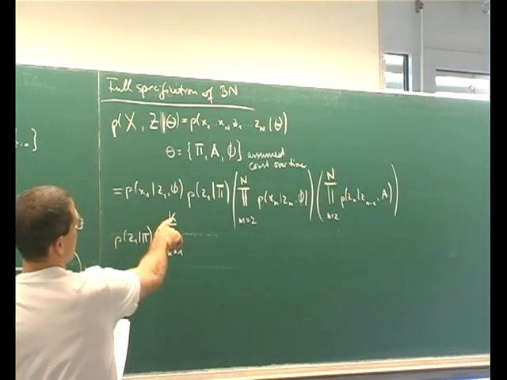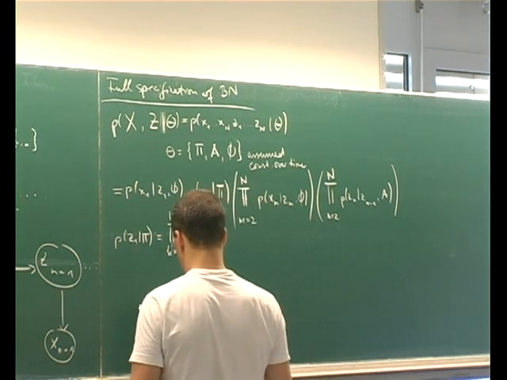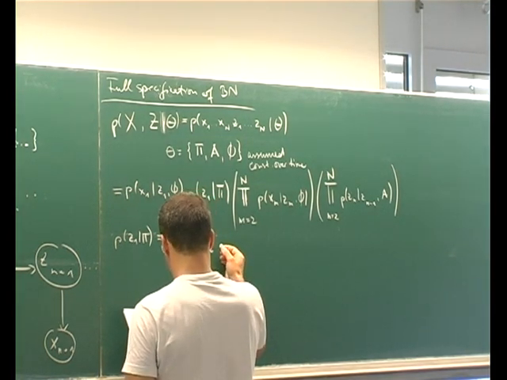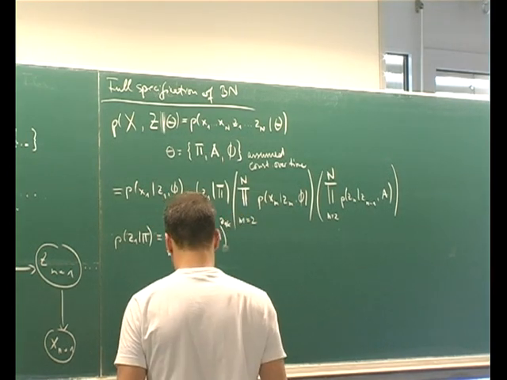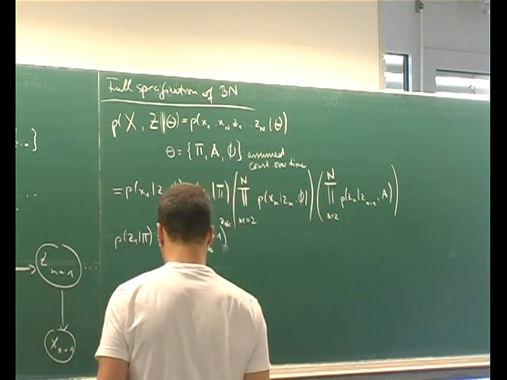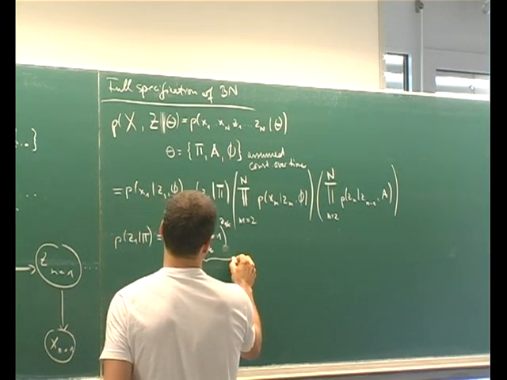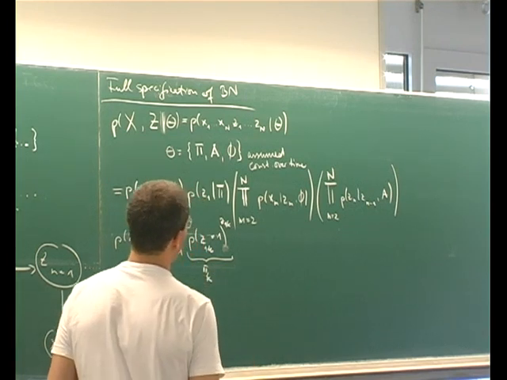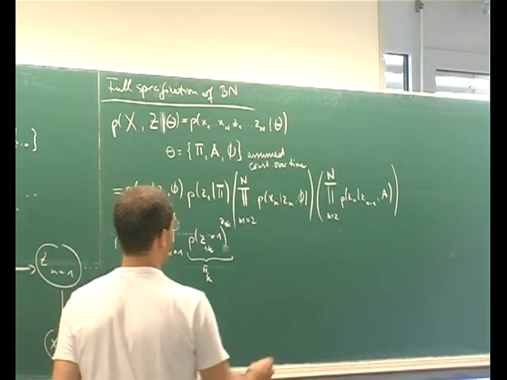We assume that we have a total of capital K possible states, and this is summarized as pi_k. And we have now used an indicator variable, 1-of-n coding.